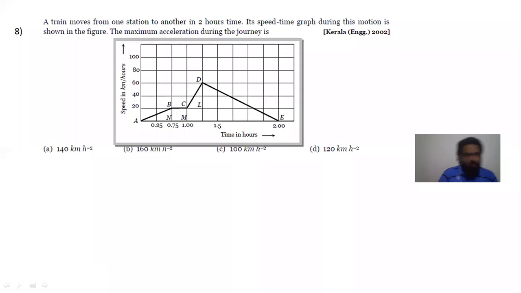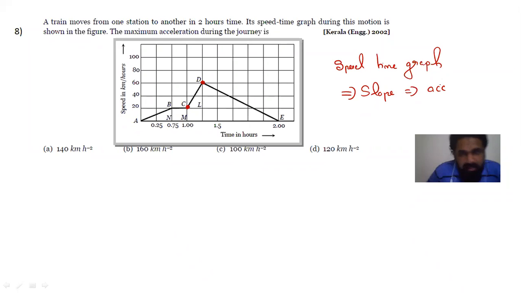From the initial look, I am getting that the slope is maximum between C and D. This is the speed time graph. Slope is nothing but acceleration. So if I could find the slope, I will get the acceleration.